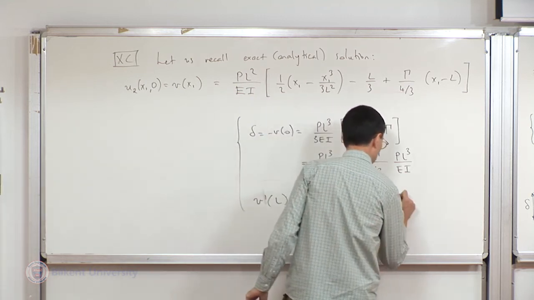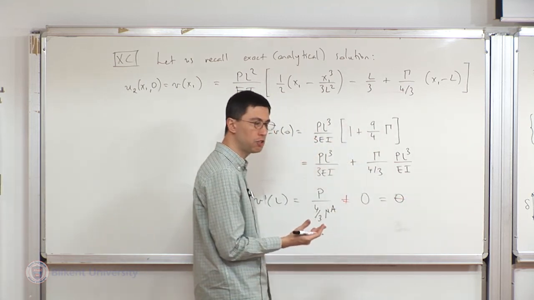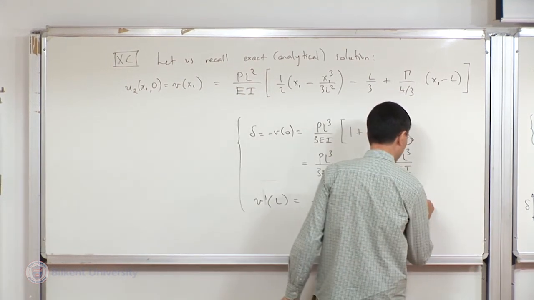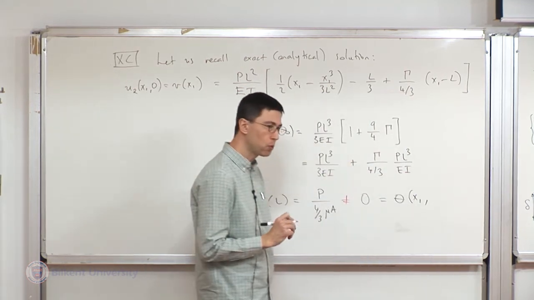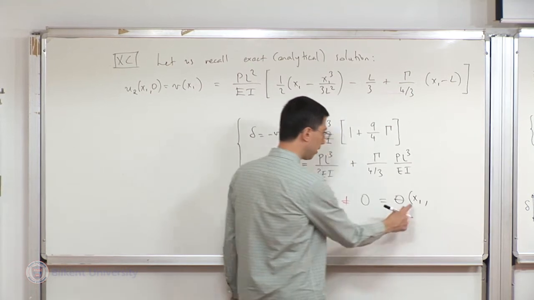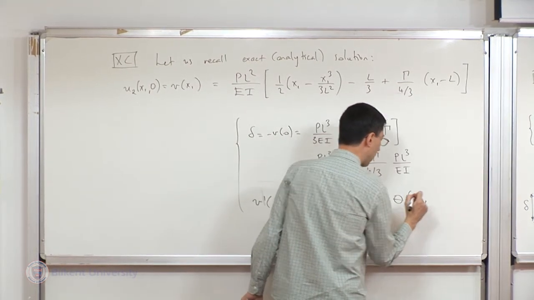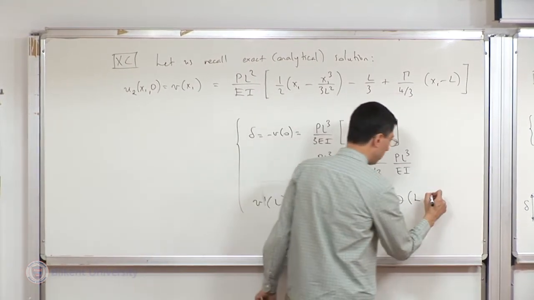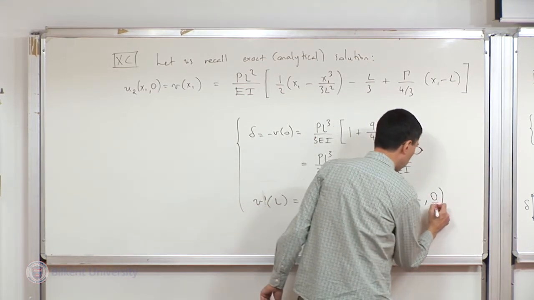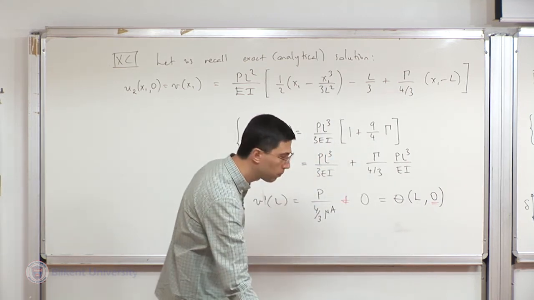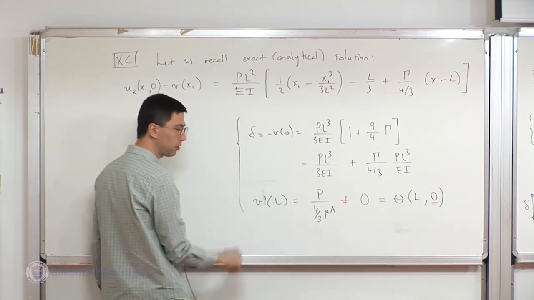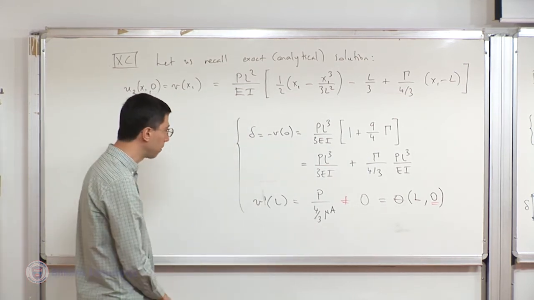And that rotation, however, unlike the beam theories, it's not just a function of x1. It's a function of x1 and x2. However, enforcing rotation to 0 at every point along x2 at x1 equals L was simply not possible. And therefore, we relaxed that condition, and we picked only one point, x2 equals 0. So that was 0. This rotation was 0. But V prime is not equal to 0. It's positive, actually.